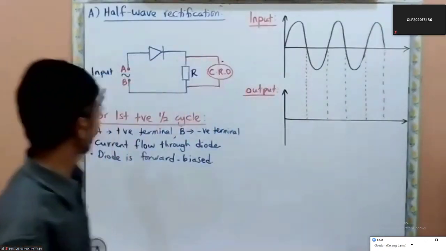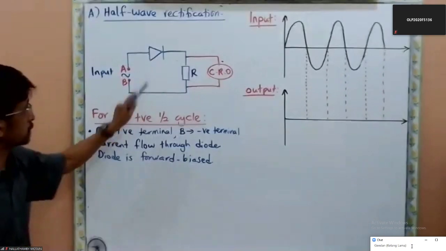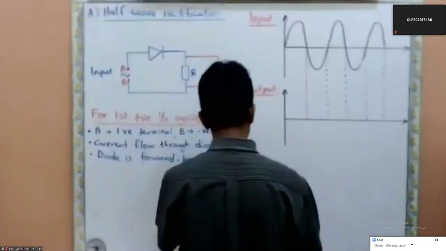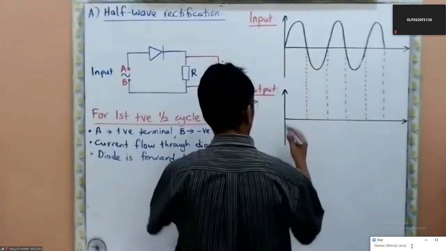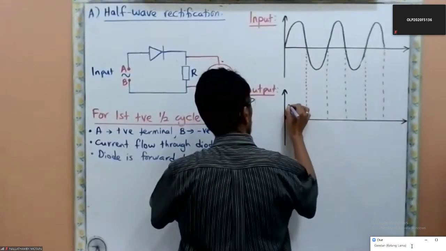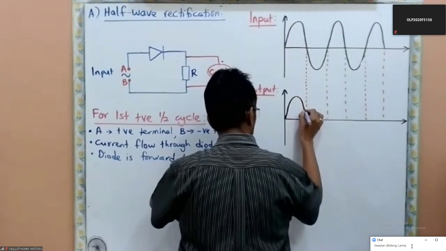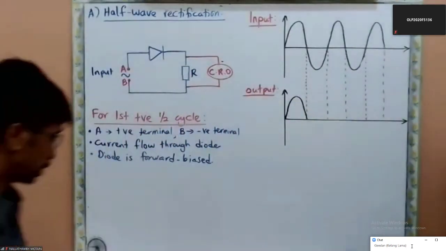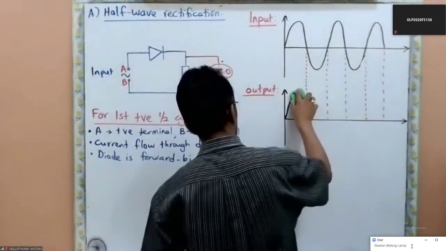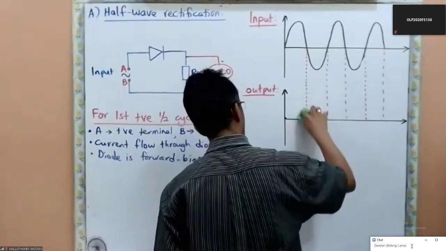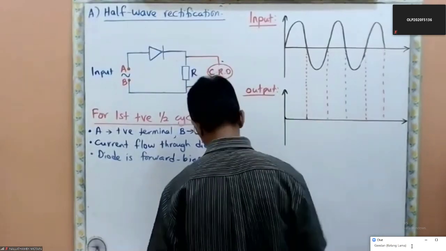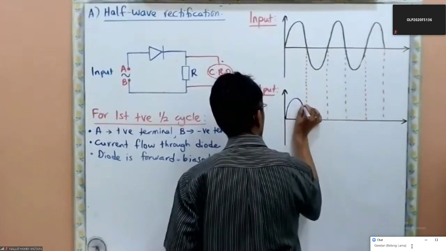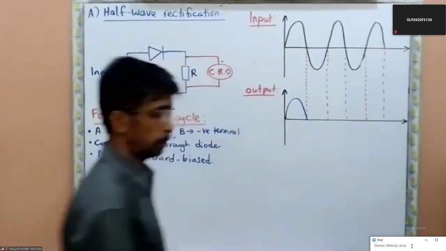For the first half cycle, it lets the current flow. So the first one, no problem. It will pass through, and you will get the same trace. It passed through, clear.